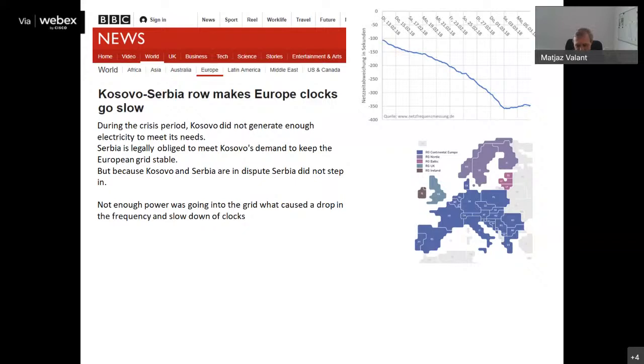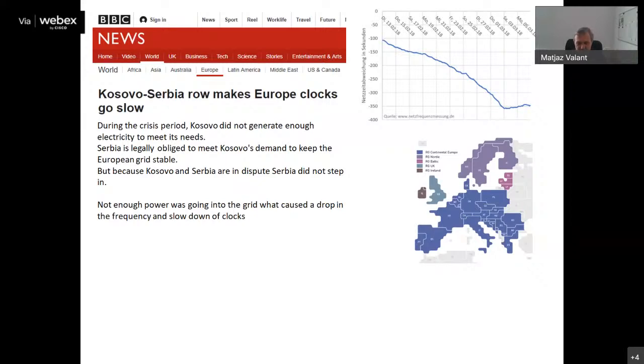Then suddenly we noticed that all our clocks on microwaves, or clocks that are controlled by the grid frequency, started to be a little bit slow all around Europe. Then they realized there was something wrong with the frequency in the grid, and they started to investigate what was going on.